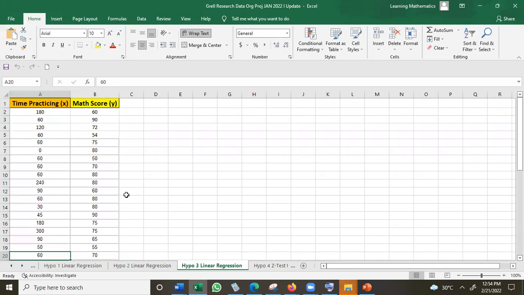You all can remember number 11 in assignment B, product moment and linear regression.